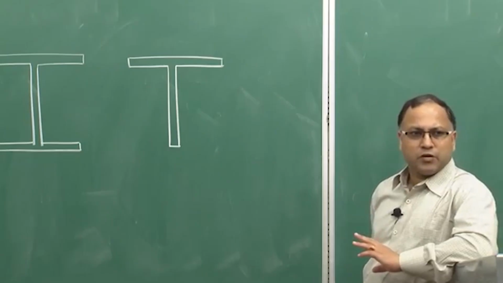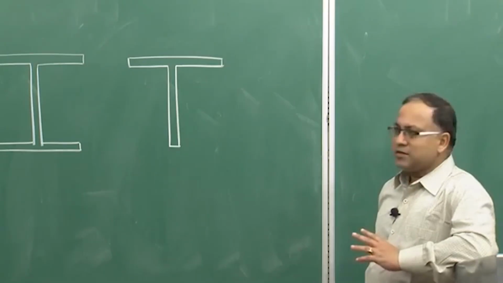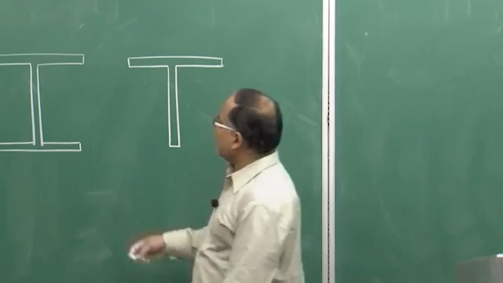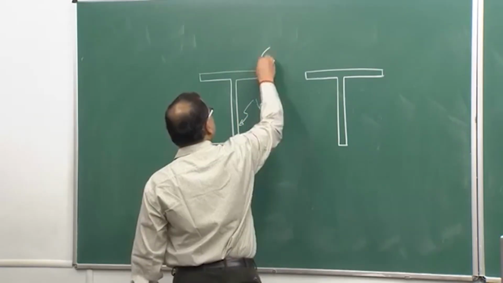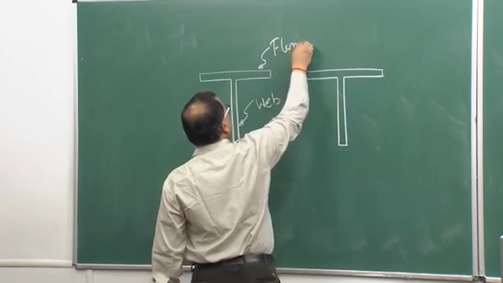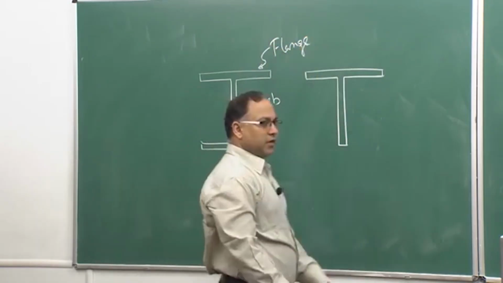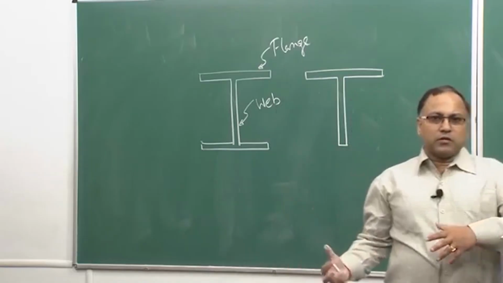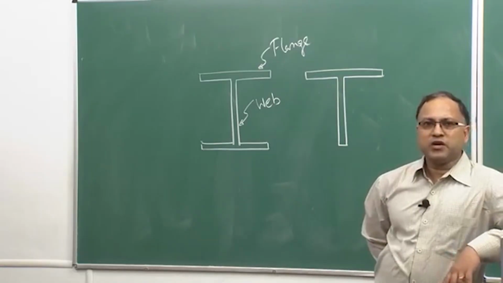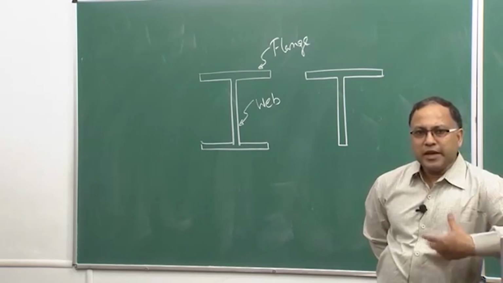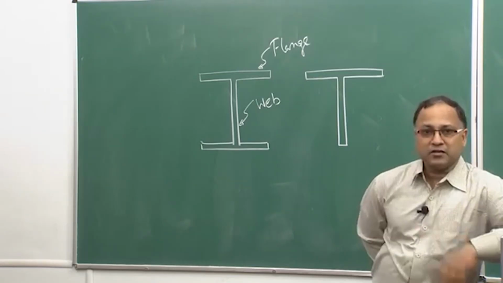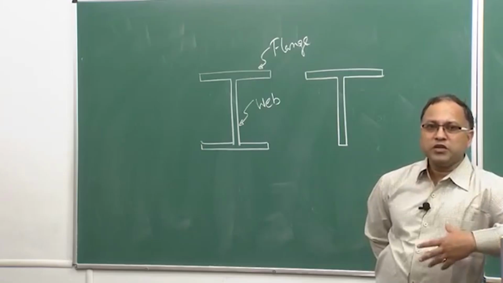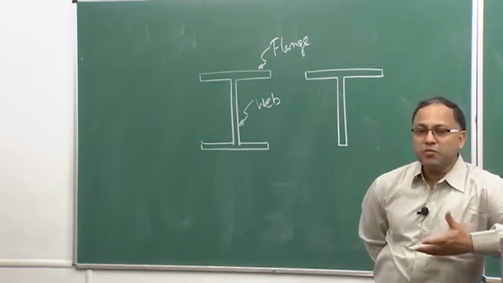It is not a rectangular section; rather, this part is known as the web and this is known as the flange. These are the technical names. So, if you come across an I beam or T beam, how will your shear stress distribution vary, and which type of shear stress will be predominant?